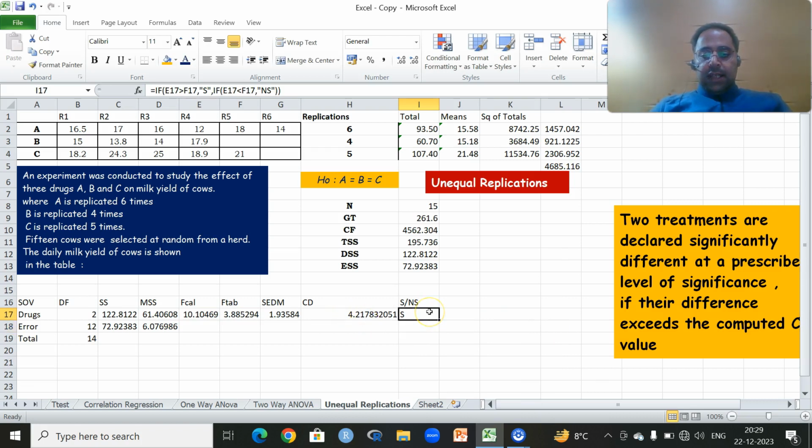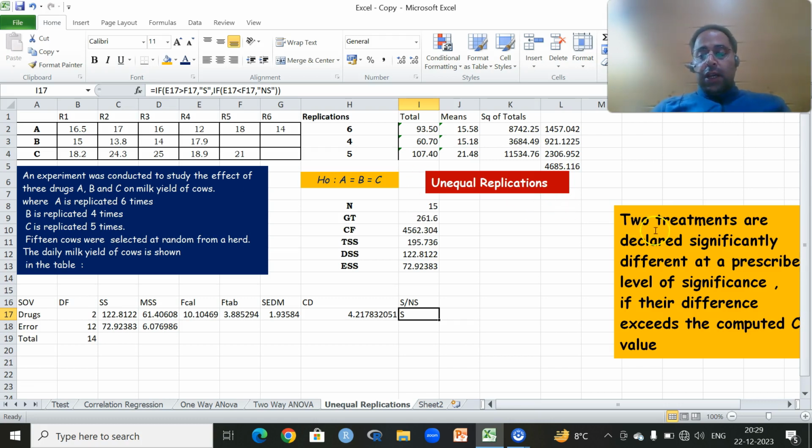So here it is S, that means it's significant. So here we have evidence that all these three treatments are significantly different from each other. That means the difference among these three treatments is real, it is not by chance.